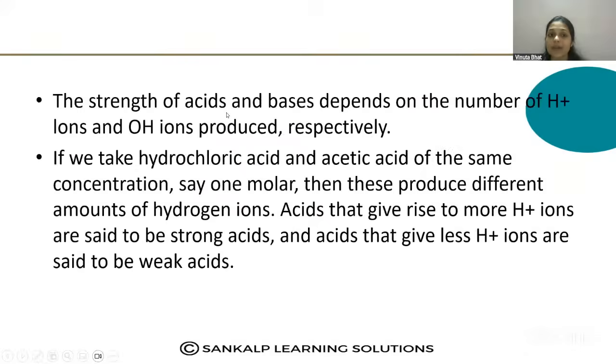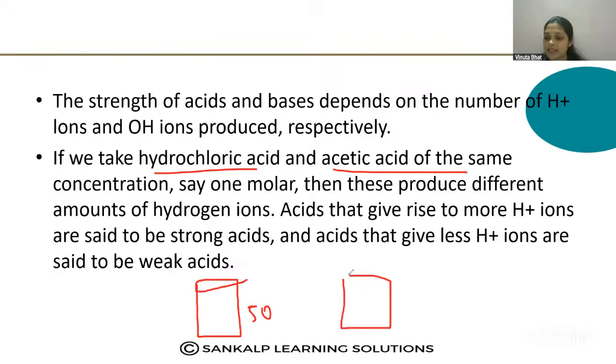The strength of acids and bases depends on the number of H plus ions and OH minus ions produced, respectively. Okay. If we take hydrochloric acid and acetic acid of the same concentration, say hydrochloric acid 50 ml and acetic acid 50 ml, both are 50 ml, but H plus ion concentration is more in the hydrochloric acid, less in the acetic acid.